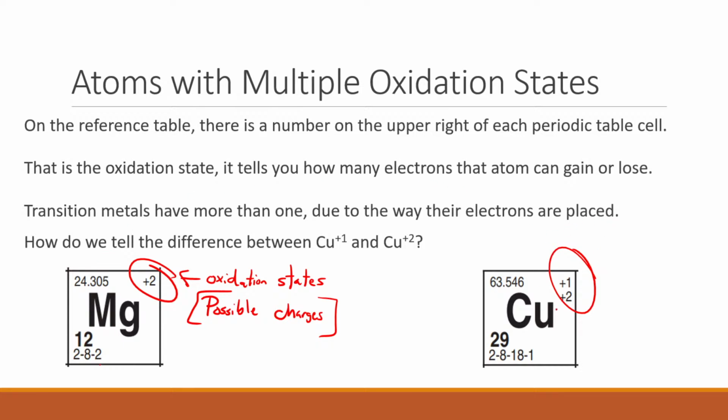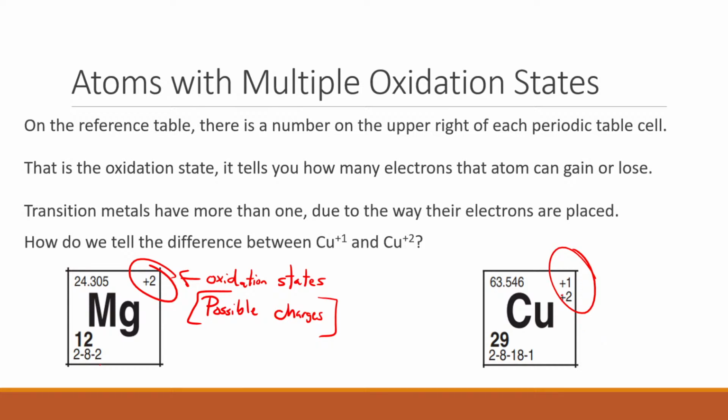On the other hand, something like copper has the ability to lose 1 electron or 2 electrons. The losing 1 electron makes sense according to what we know about valence electrons, and the +2, the ability to lose 2 electrons, comes from the fact that the quantum mechanical model is a thing that exists.